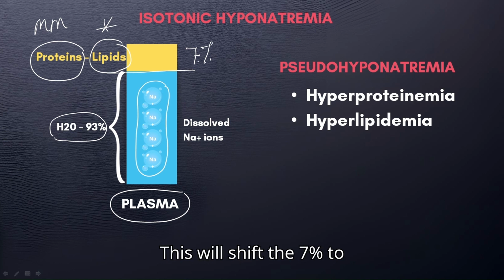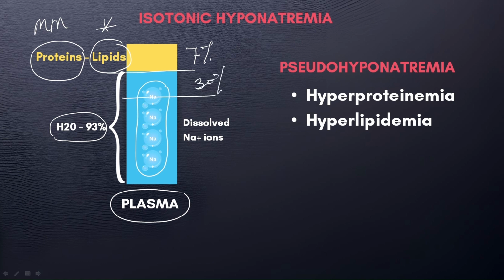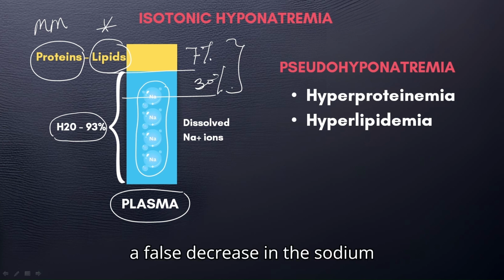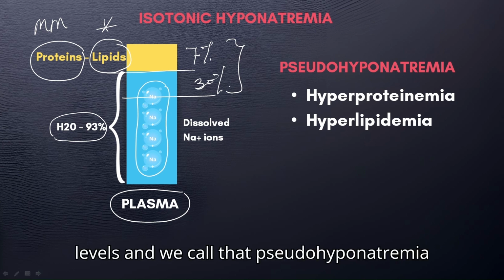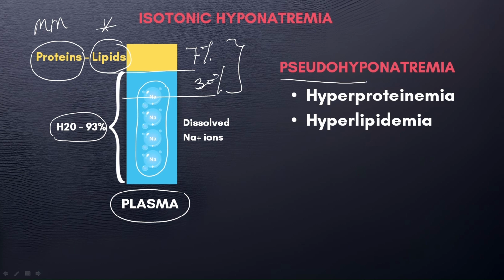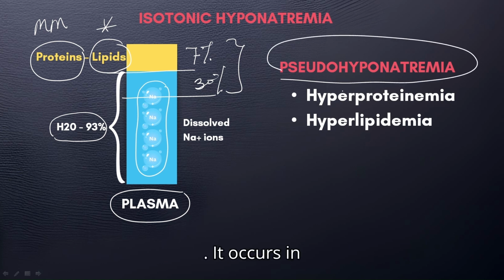This will shift the 7% to, let's say, 30%. Now, this will create a false decrease in the sodium levels, and we call that pseudohyponatremia. It occurs in hyperproteinemia as well as hyperlipidemia.